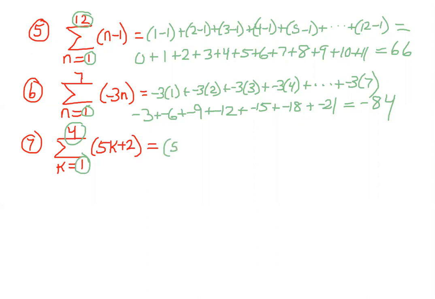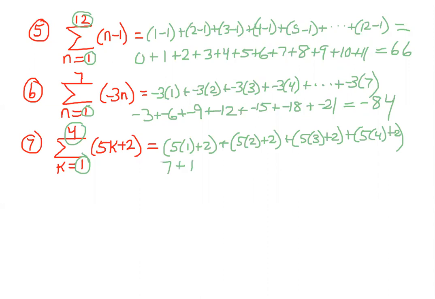So we have 5 times 1 plus 2, plus 5 times 2 plus 2, plus 5 times 3 plus 2, plus 5 times 4 plus 2. And this is 7, 12, 17, and 22, which equals 58. Not too hard, right?